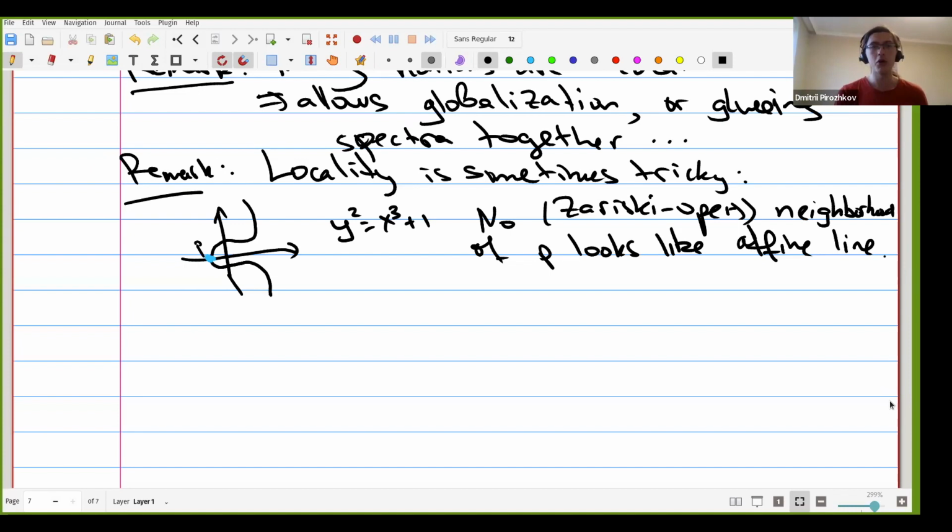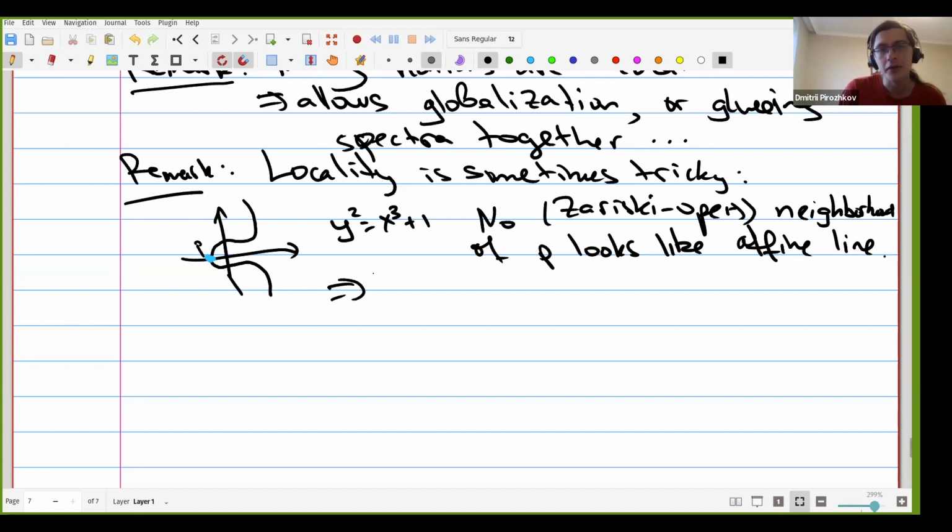This point P over here, its neighborhoods don't really look like neighborhoods of a point on an affine line. It is a little bit tricky to prove or even to say exactly what this means. But somehow those Zariski open sets are too large, and localization at a prime ideal sometimes also doesn't look like what happens in topology.